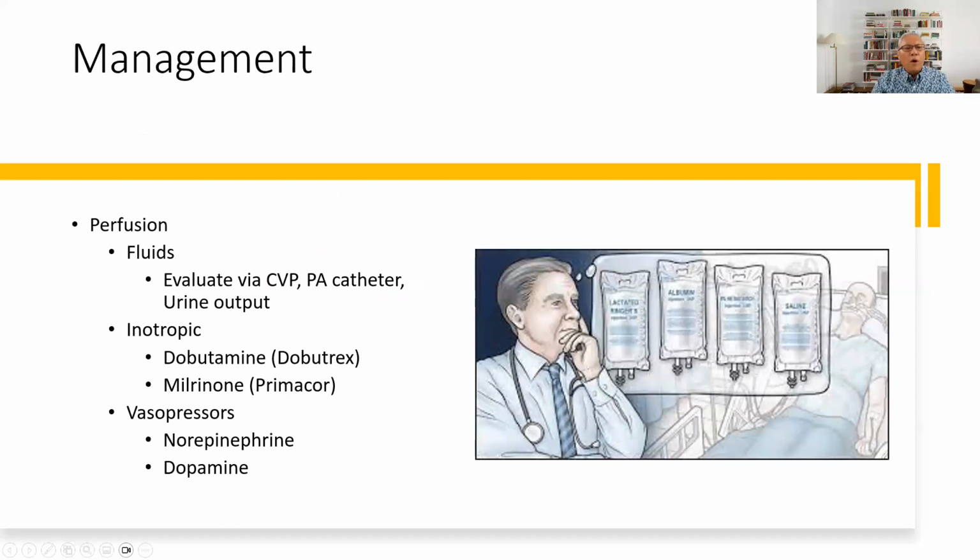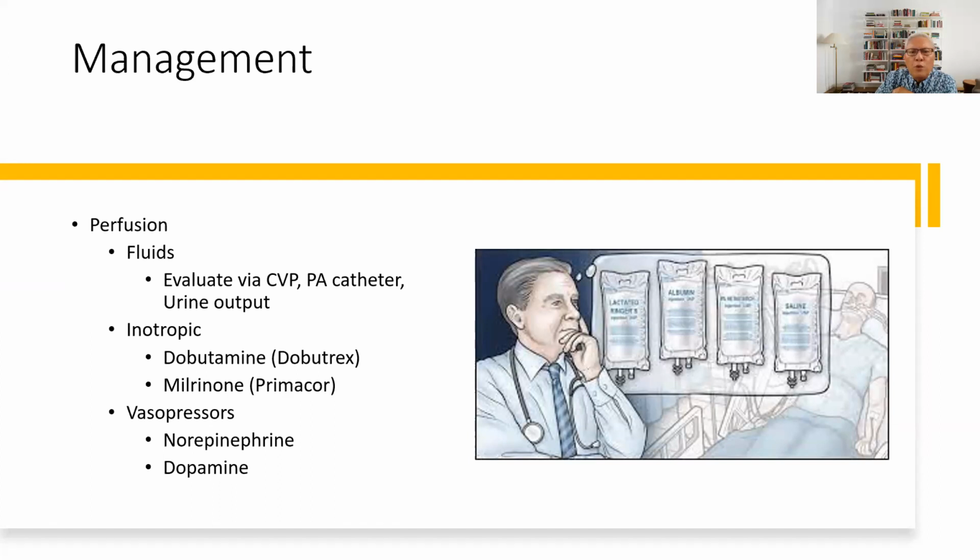All right, so what are the interventions that we should anticipate for patients that are experiencing ARDS? Well, we're guided by 5 Ps, and the 5 Ps of management of patients experiencing ARDS include the first P, which is perfusion.